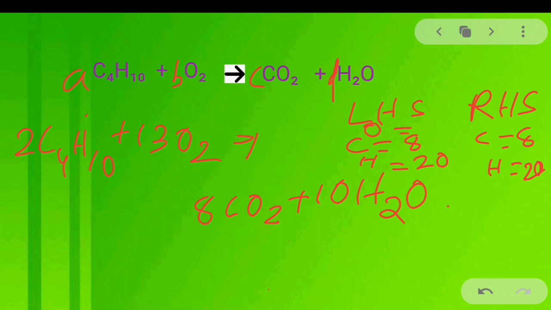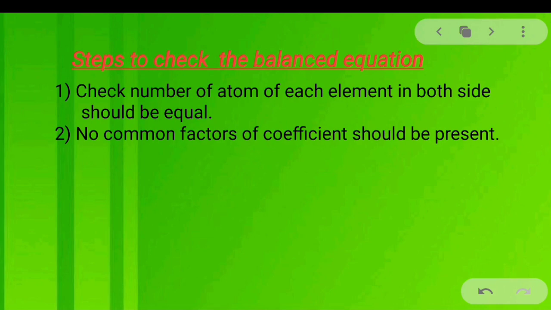Oxygen atom is here 26, and here it is 16 plus 10, it is 26. So hope children you can understand the method very easily. Now how to check whether the equation you have balanced is right or not. To check it, the number of atoms of each element on both sides should be equal. No common factor or coefficient should be present.